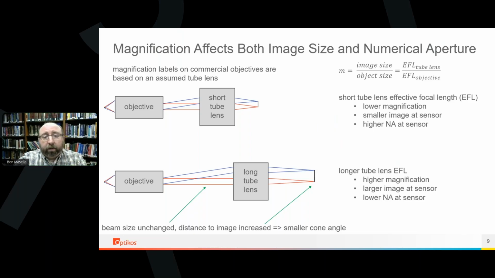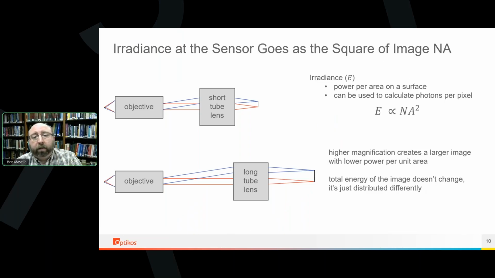This can be important because numerical aperture also impacts the amount of power that's being delivered to the sensor. So the irradiance of the fluorescence collection, the fluorescence delivered to the sensor, is the power per unit area at the image surface. And this is going to go as the square of the numerical aperture.